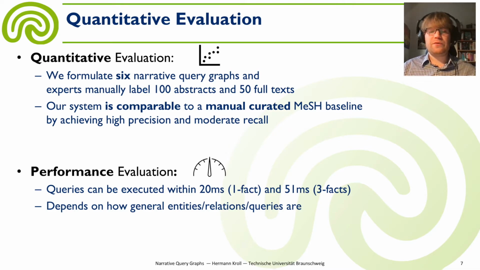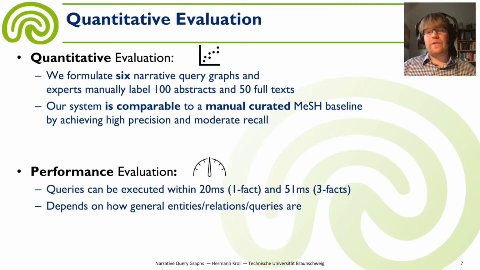Of course, performance is another very important factor. So we have measured the performance, and it depends on your query. Most of the queries can be executed very fast, so within 20 milliseconds for a one fact pattern, for example, or 51 milliseconds for three fact patterns.